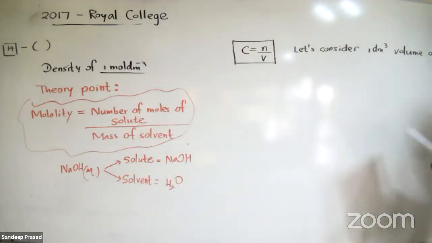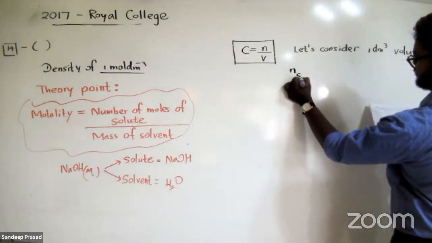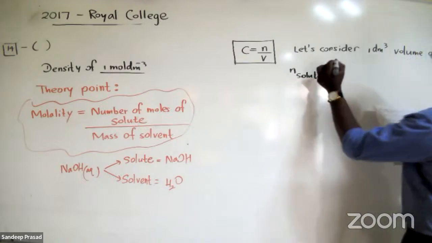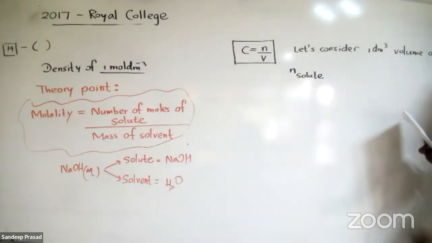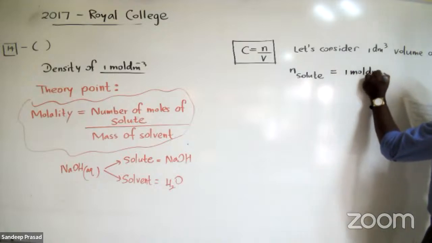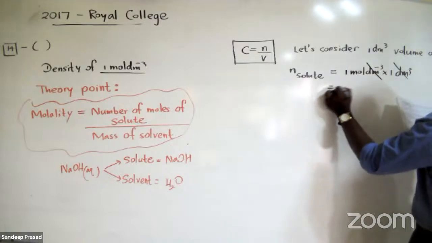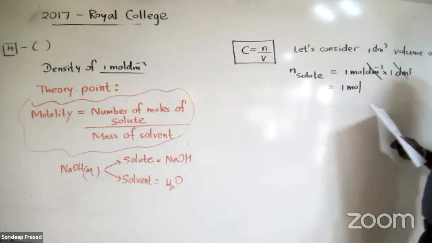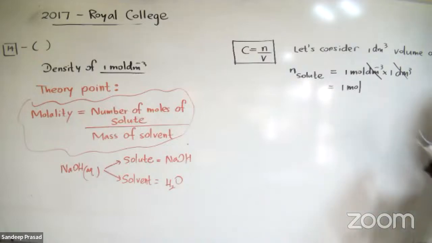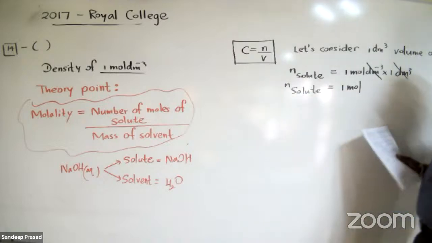Then what is the number of moles of solute? Because we know that concentration is 1 mole per cubic decimeter. If you multiply the concentration by volume, you will obtain the number of moles. That means, students, there is only 1 mole of solute, according to this: C equals n over V.